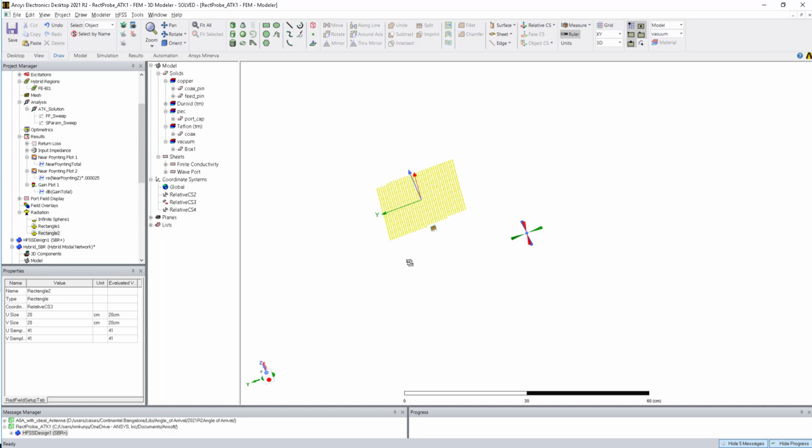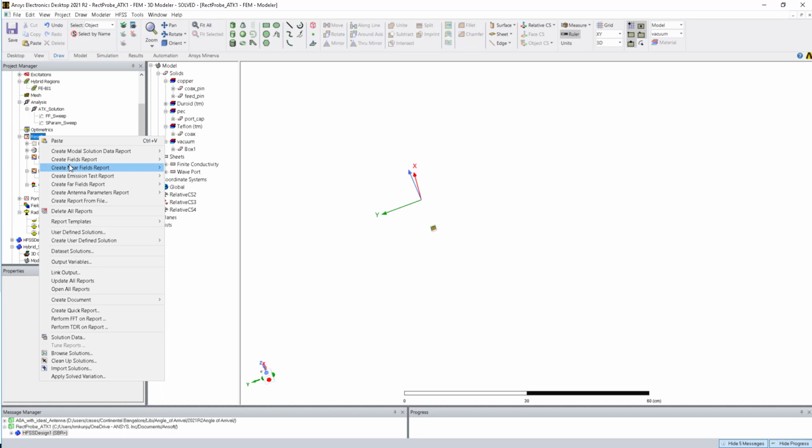And over here, power is flowing in the z direction. So you need to consider the near field in the z direction, and also note that it is the real part of the Poynting vector.